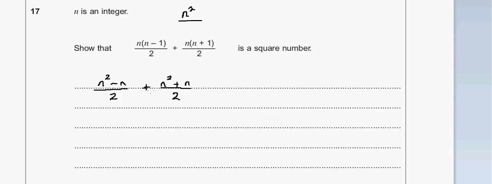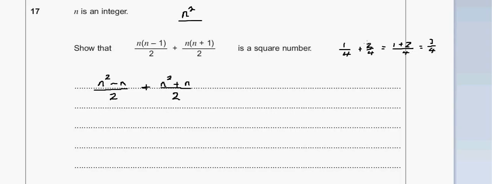Now because they're both over 2, for example, you wouldn't write this in the exam, but if I've got 1/4 plus 2/4, that's the same as 1 plus 2/4, which gives us 3/4.